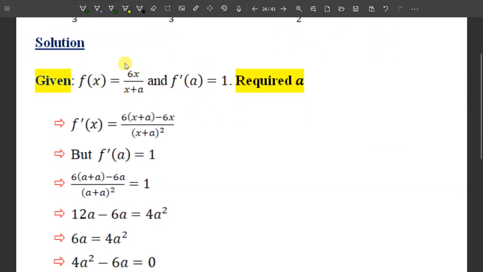The first thing we have to do is derivate f of x is equal to 6x over x plus a.